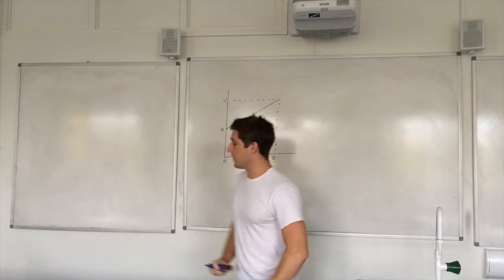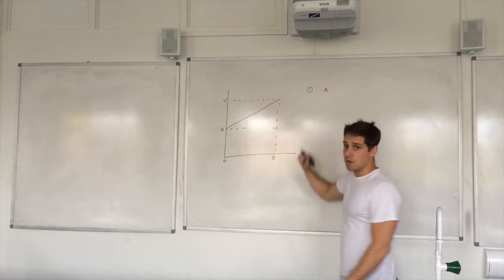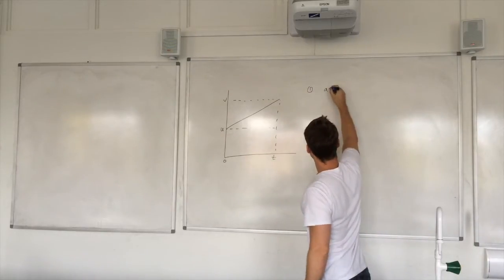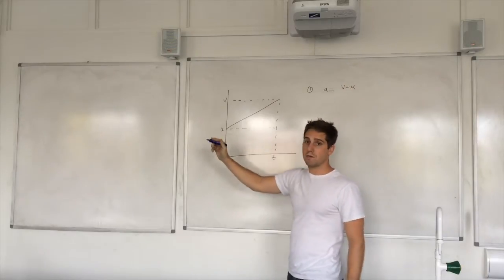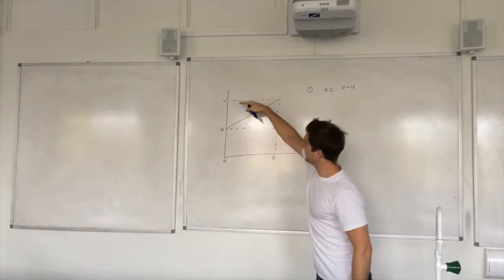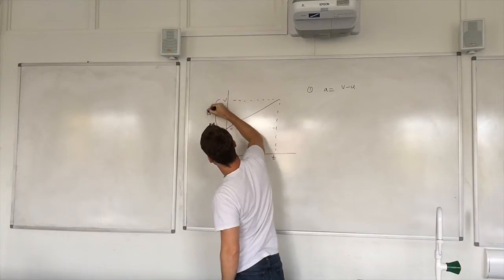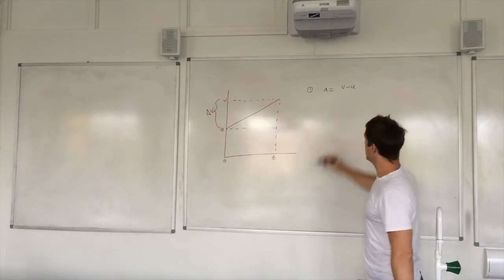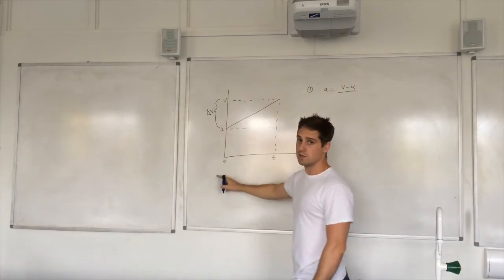This is what you should have done. So equation 1, the expression for A is equal to V minus U over T. The change in velocity is it ends at V, but it started at U, so delta V is V minus U, and the change in time is T minus 0.